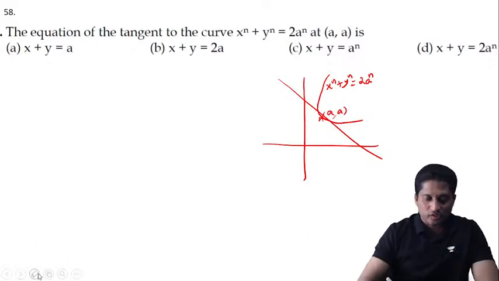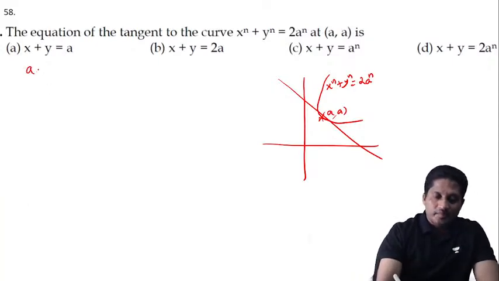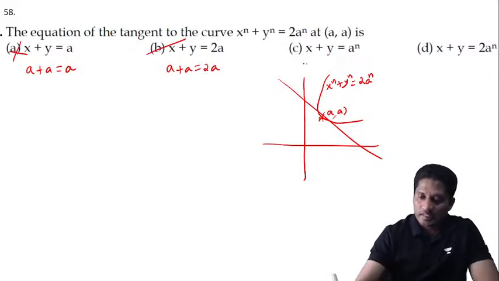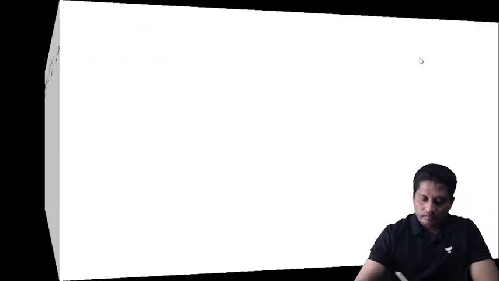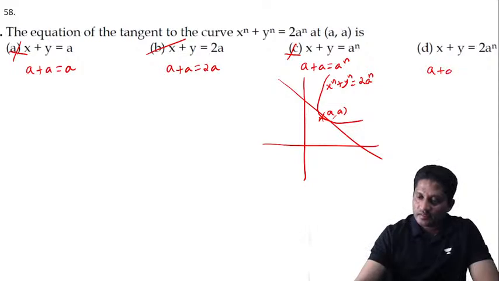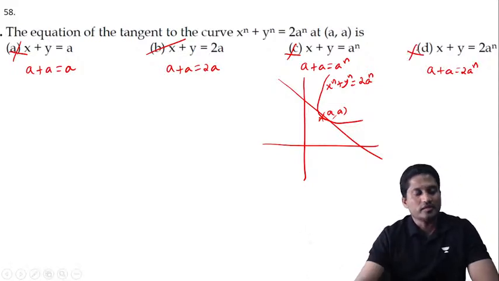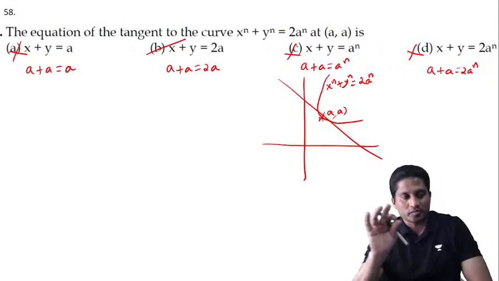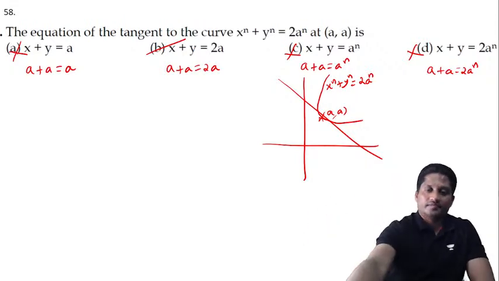If I substitute in the first option, a plus a is equal to a is not possible. Again, a plus a is equal to 2a is possible. A plus a is equal to a power n is not possible. A plus a is equal to a power n is also not possible. Answer is option B only. Take the point a comma a, just substitute in the options. Only B will satisfy.